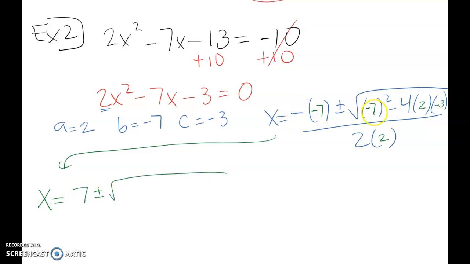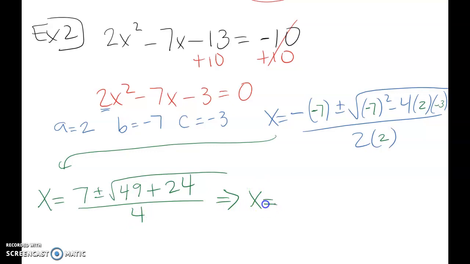Looking inside, I have a negative 7 squared, so negative 7 times negative 7 is 49. And I have a negative times a negative, if you see that. So the negative 4 times 2 would be negative 8. Negative 8 times negative 3 would give me positive 24. And 2 times 2, which is 4.